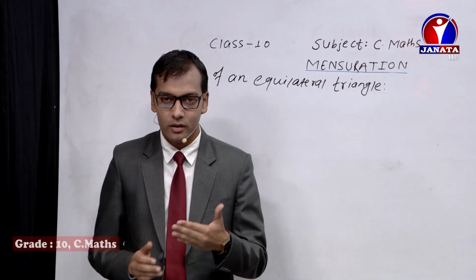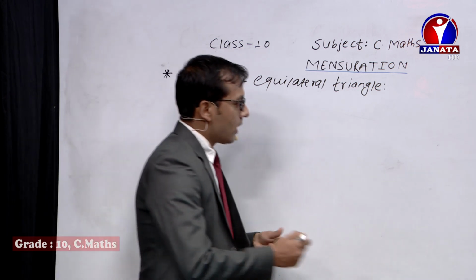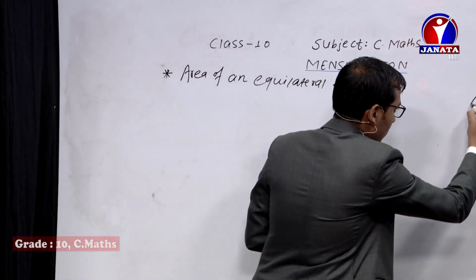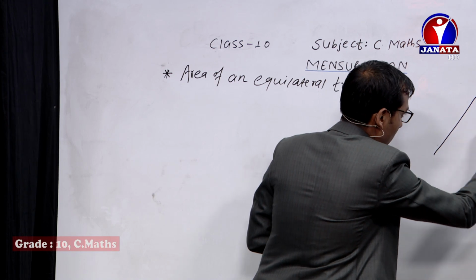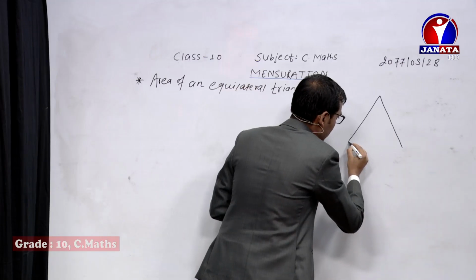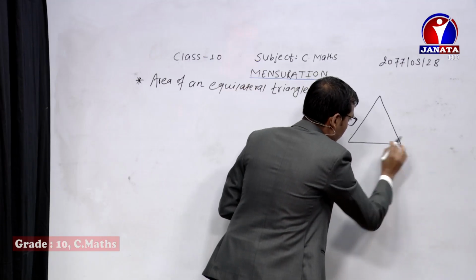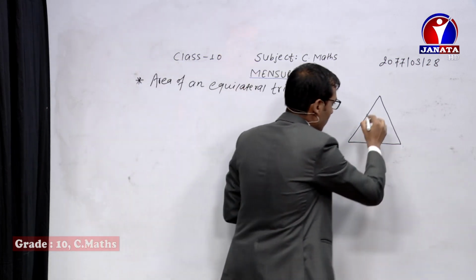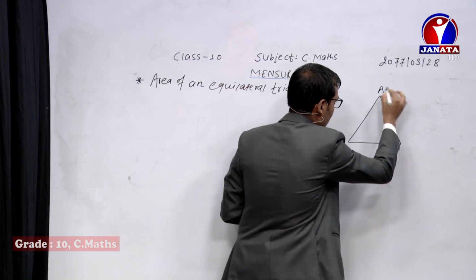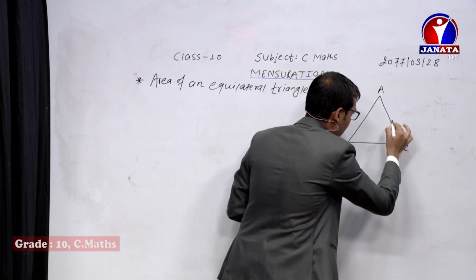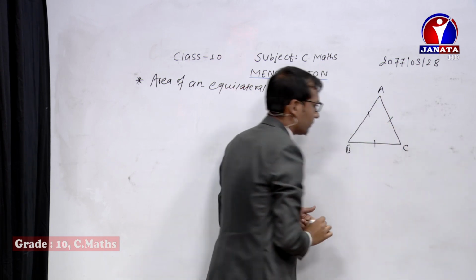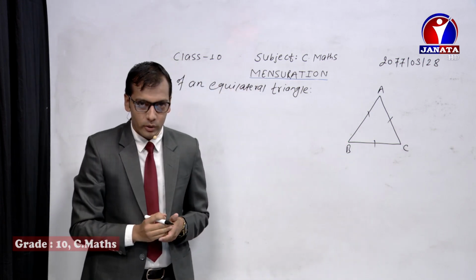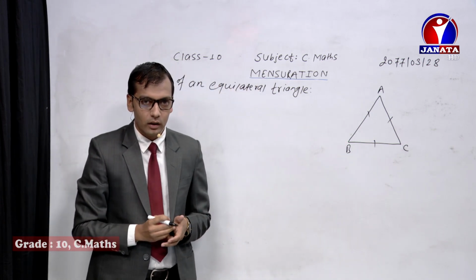For this, let's draw an equilateral triangle. In an equilateral triangle, all sides are equal. We know there are three sides in a triangle.